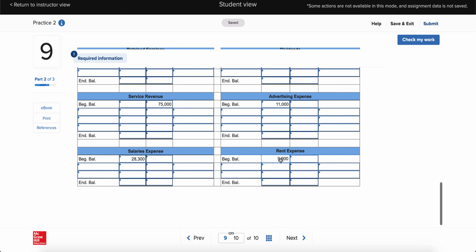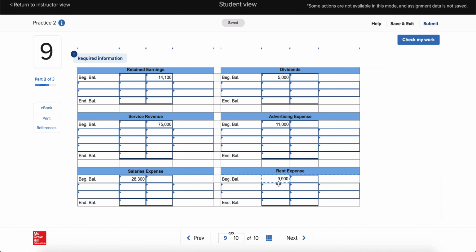So I want to go to the rent expense. I am going to drop in here a debit in the amount of $900, but I also want to indicate here that it happened on December 1st. Okay, that's the post for the rent expense.